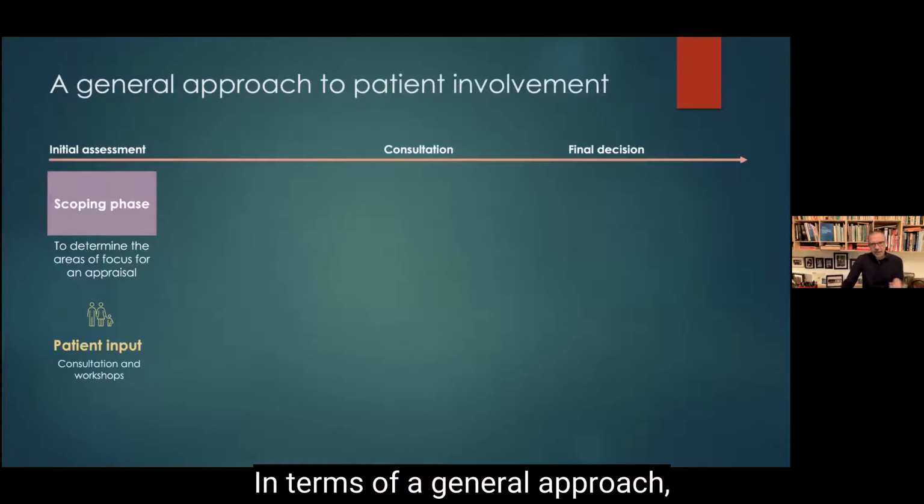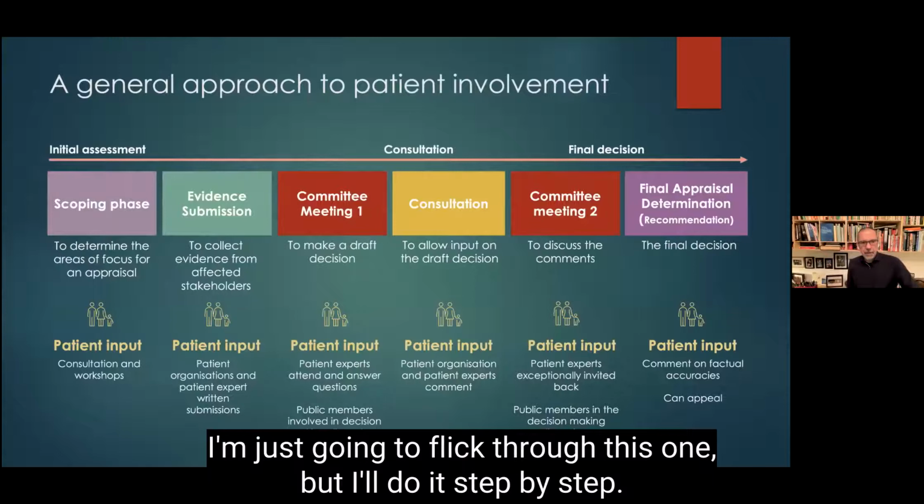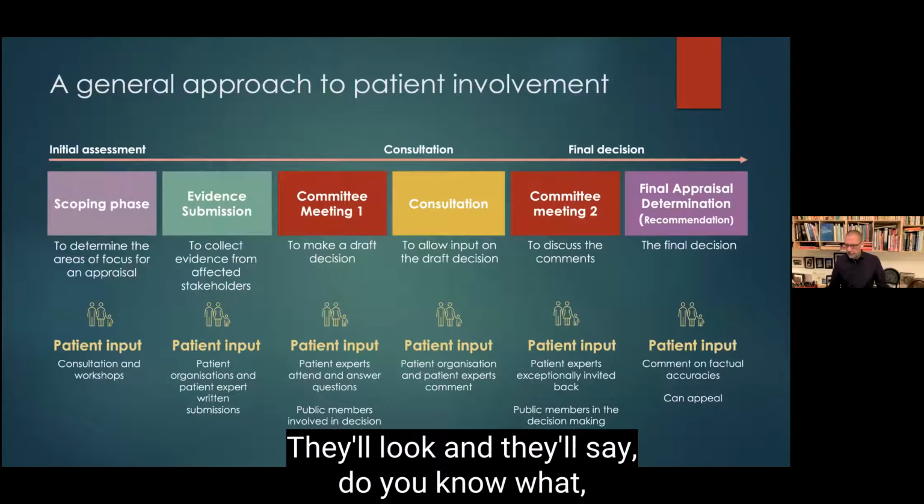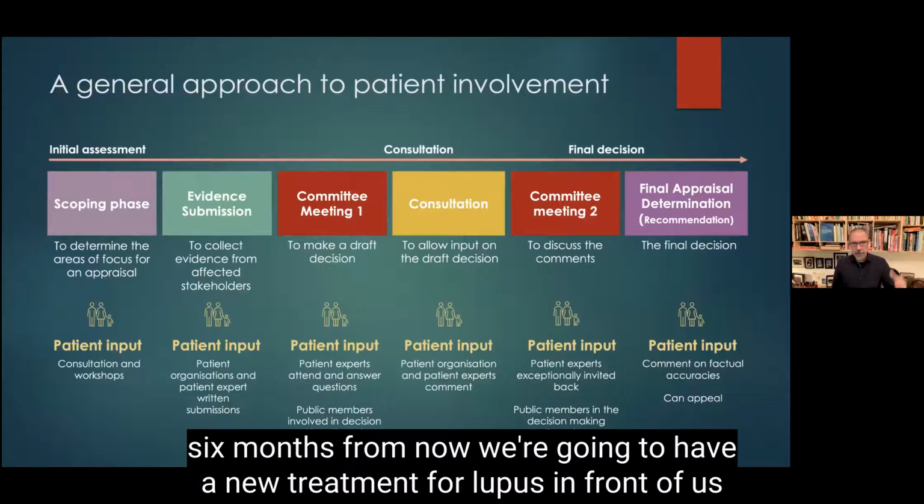And in terms of a general approach, I'm just going to flick through this one, but I'll do it step by step. A long time before a medicine comes to HTA, they'll look and they'll say, do you know what? 6 months from now, we're going to have a new treatment for lupus in front of us.